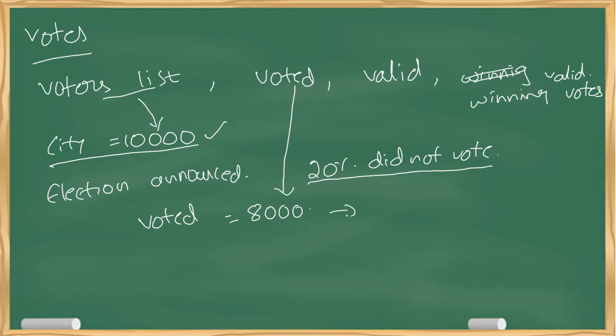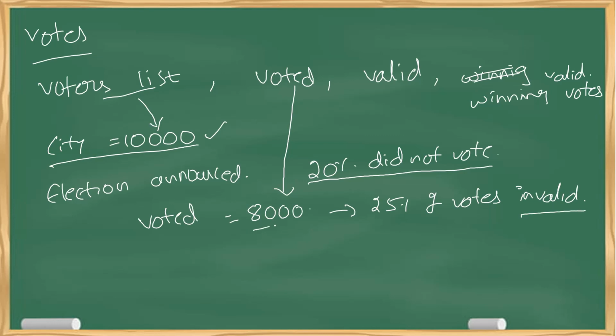Now in these 8,000 votes, 25% of the votes were found invalid. What is the meaning of invalid? You might remember in the olden days, the votes were to be stamped on a small piece of paper and put in the ballot box, right? Some people might not exactly stamp on the symbol of the party. So those votes will be counted as invalid.